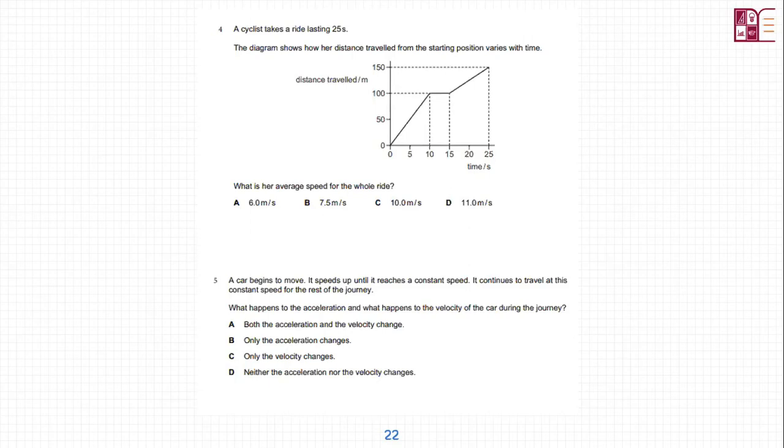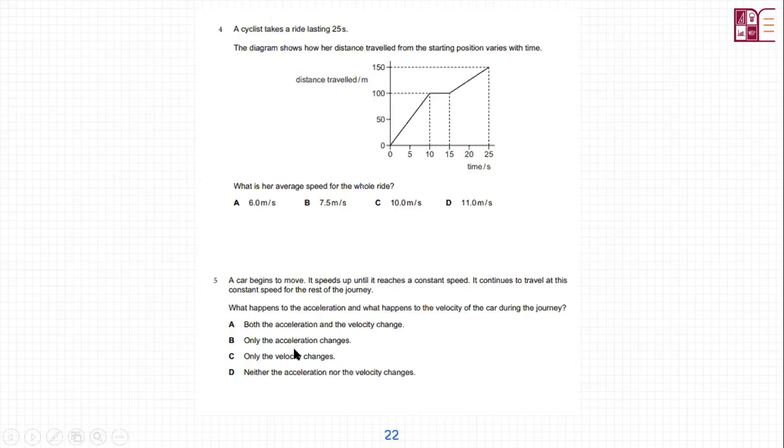So option A is both the acceleration and the velocity change. So when the car was speeding up, the acceleration was changing, the velocity was changing. So option A is correct.